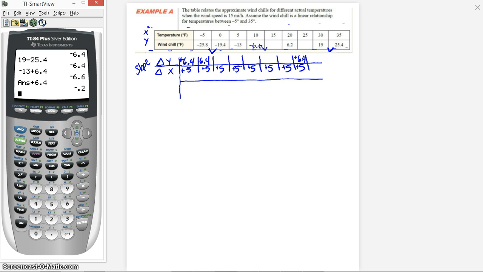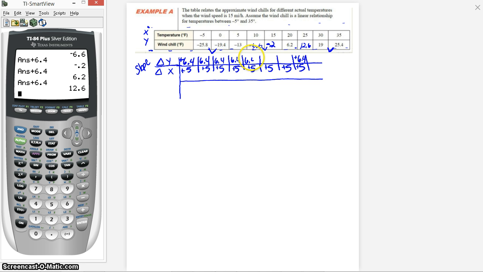That gives me negative 0.2. And then if I add 6.4, gives me 6.2, which is the next one. And let's finish this. Plus 6.4 is going to be 12.6. So here is going to be 12.6.